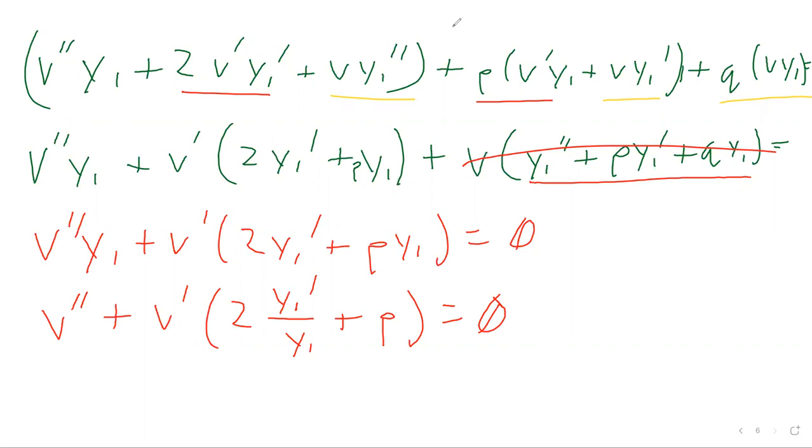Now, let's rewrite our v's. Let's say v double prime is w prime, so v prime would just be w. And since our y1 prime and our P all depend on t, this entire thing is some function of t, so we can call this whole thing just an f of t.